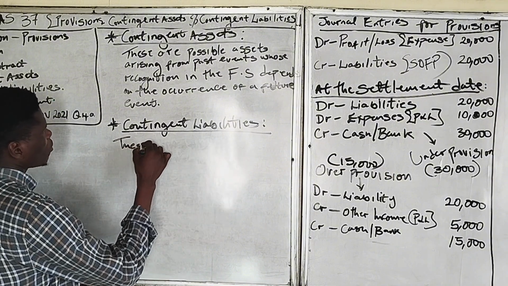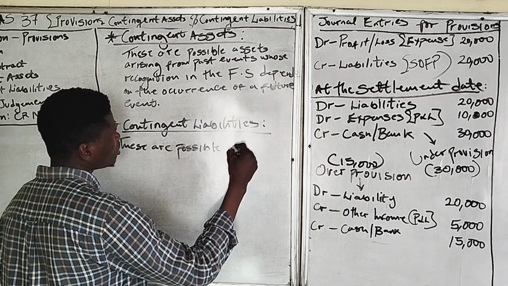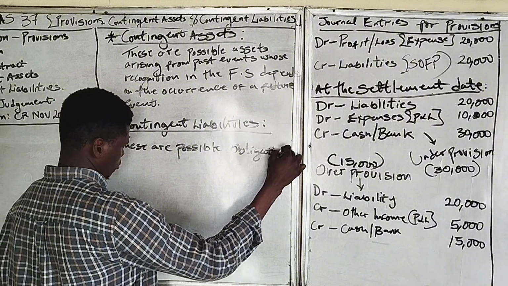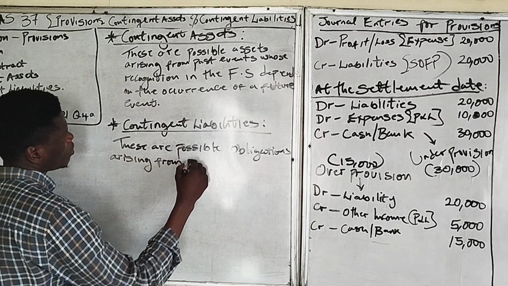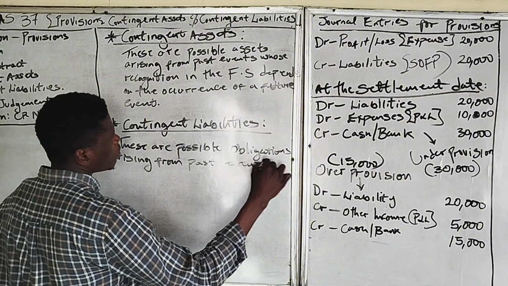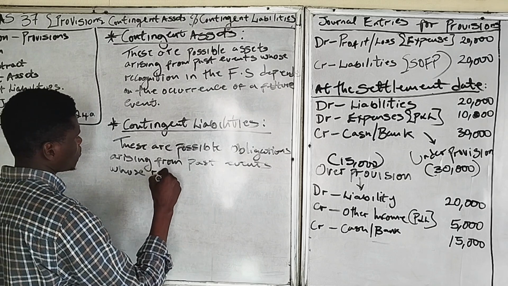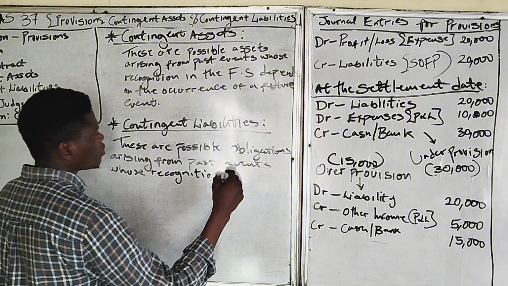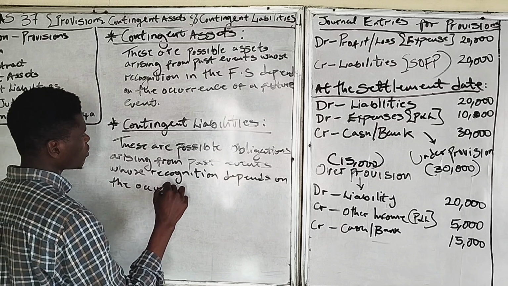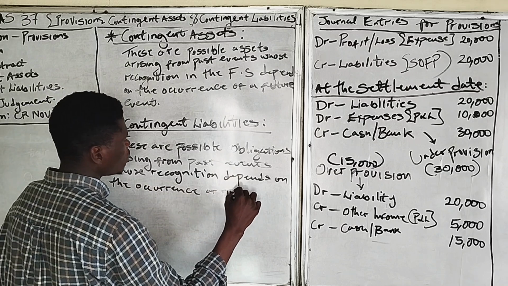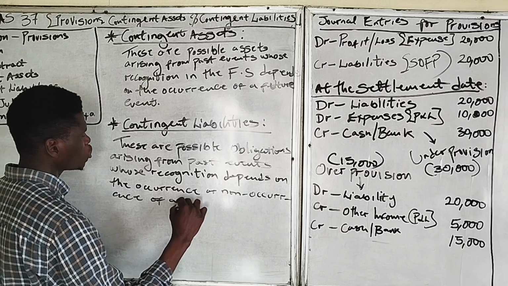These are possible obligations arising from past events whose recognition depends on the occurrence or non-occurrence of a future event.